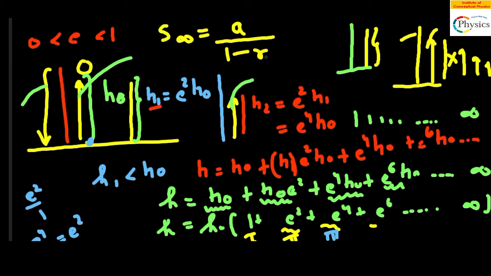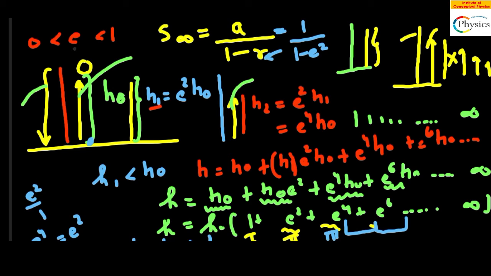So your common ratio across the series is e², and the first term is 1. So your answer is A, 1 divided by 1 minus e². And obviously, since you're doing a numerical, this is h naught multiplied by 1 upon 1 minus e².